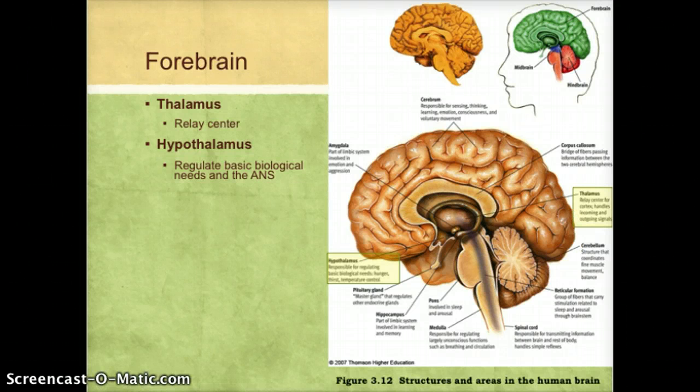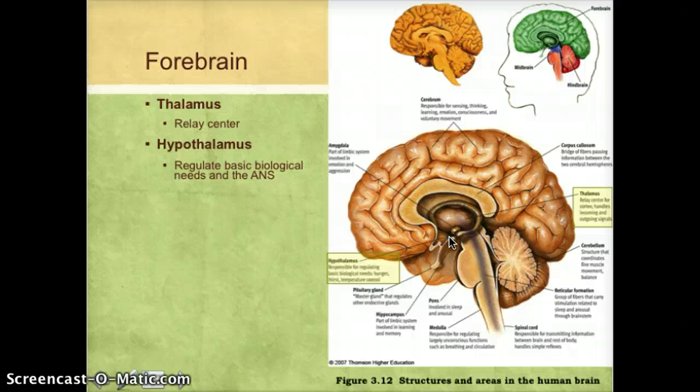The next structure of the brain is the hypothalamus. You can see the hypothalamus is very, very close to the thalamus. And this is important because it regulates your basic biological needs, like hunger and thirst and temperature control.